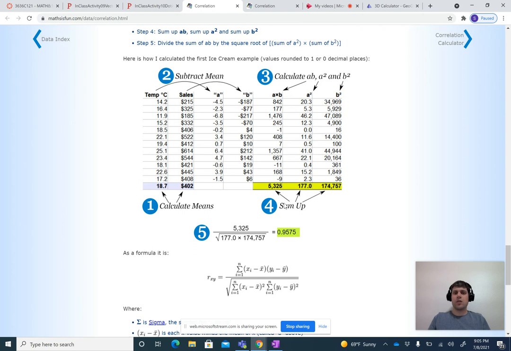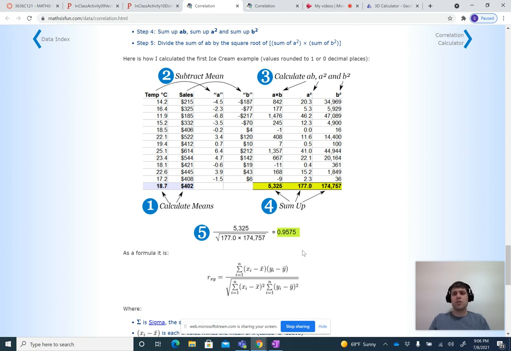Then we sum all this up and take the sum of the a times b column and divide that by the square root of these two multiplied together, and we get the 0.9575 value.